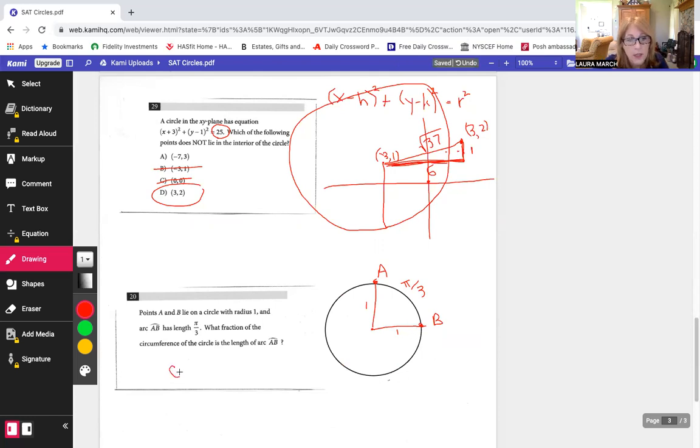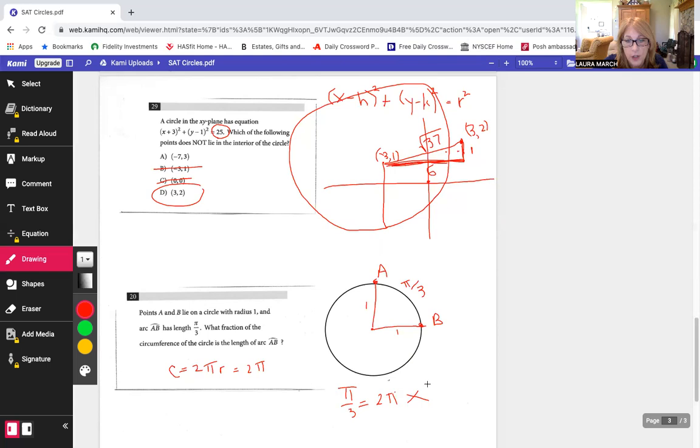So remember, the circumference formula is in the reference information, and it's 2 pi r. Radius is 1, so circumference is 2 pi. So they're asking what fraction of 2 pi is pi over 3? And I can write an equation, pi over 3 equals 2 pi times what fraction?